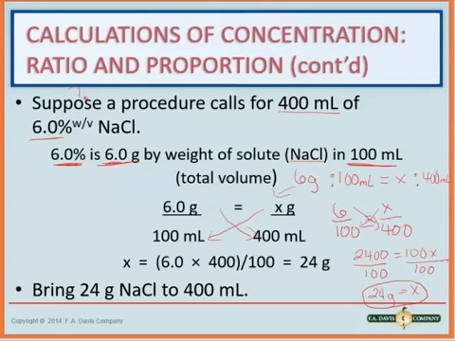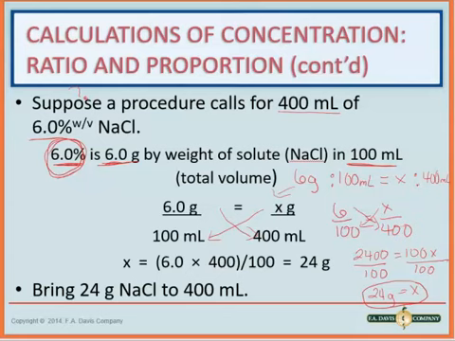Before we move on to the next example, let's talk about something first dealing with percentage. Okay, it explained what this percentage meant to us in this particular example, but sometimes it's not going to explain to us what the percentage means, so we're just going to have to know.